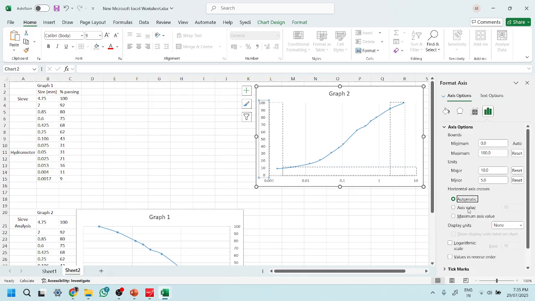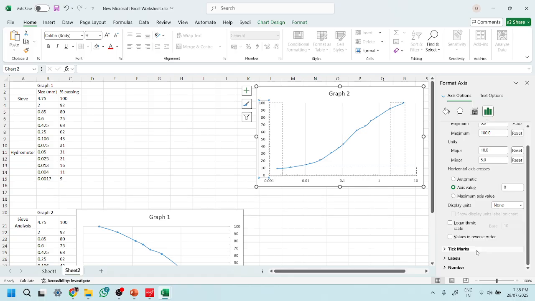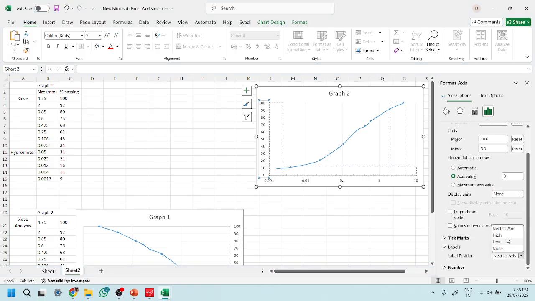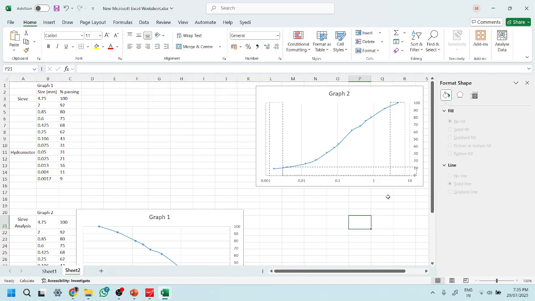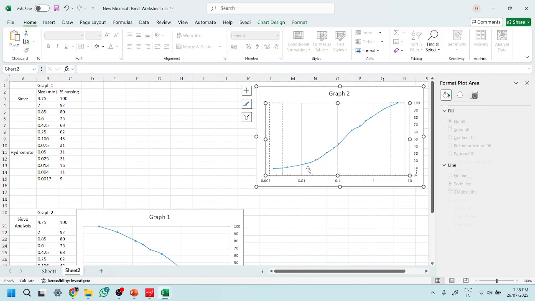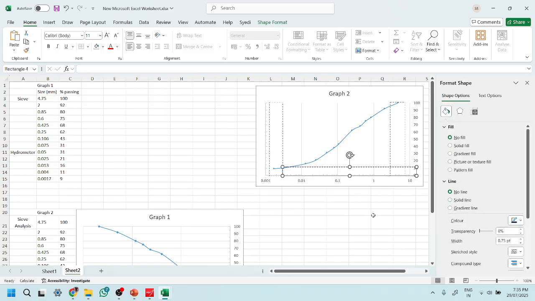This is what I want to show. So greater than this will be our sand till here.